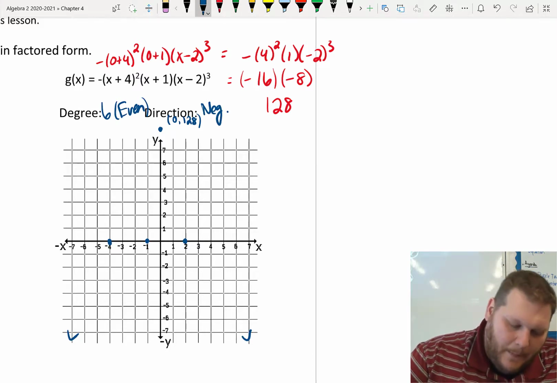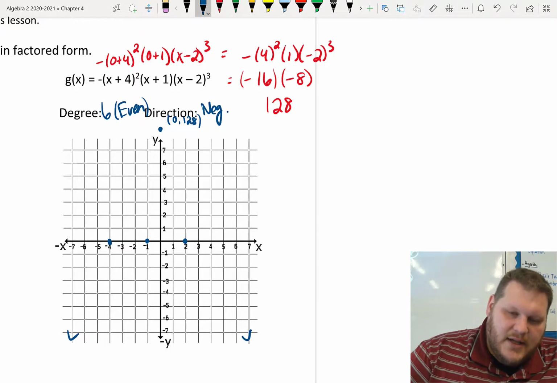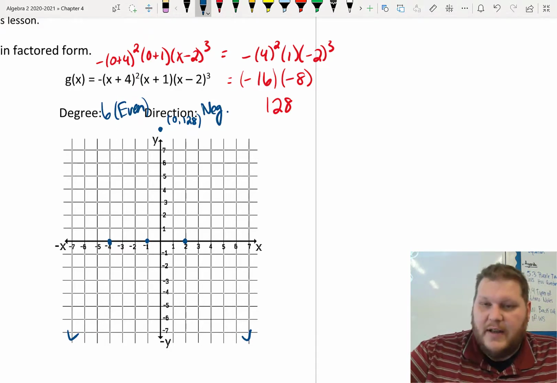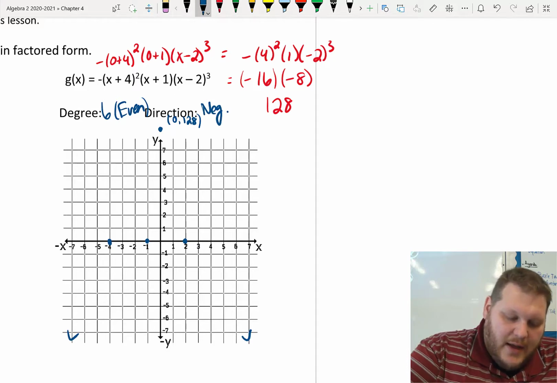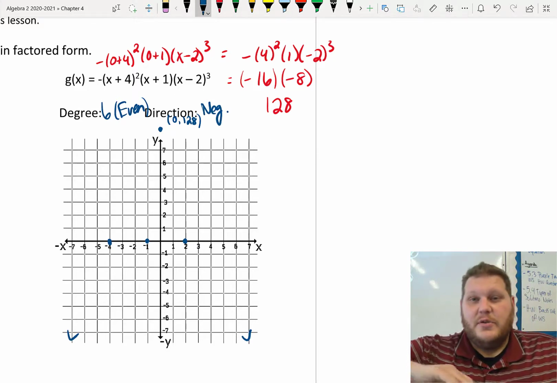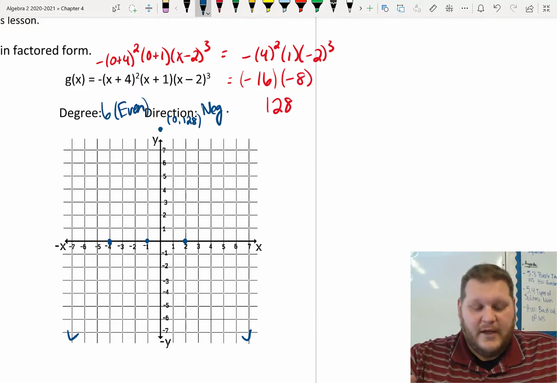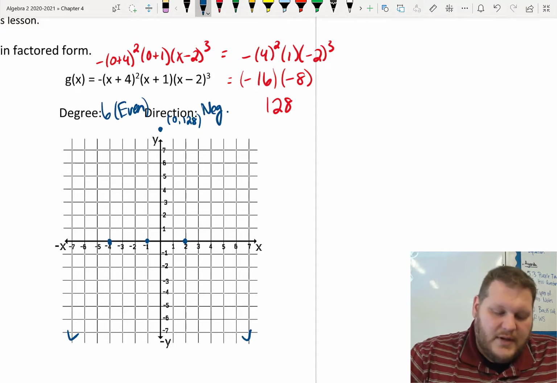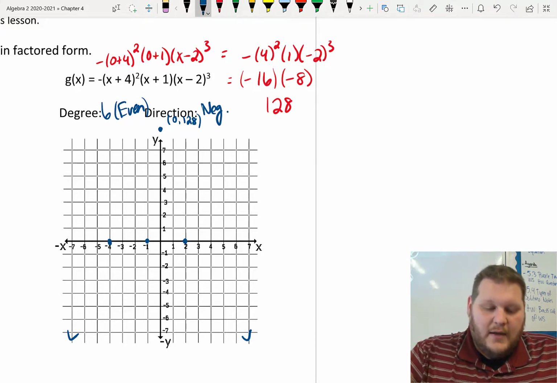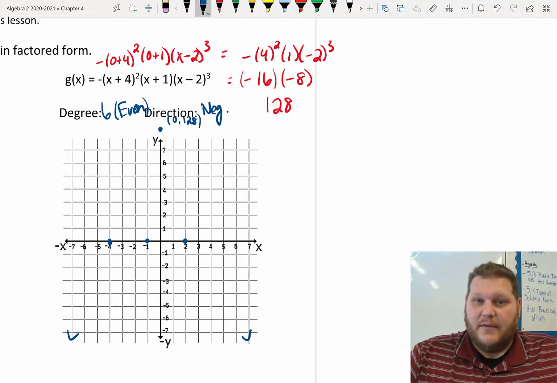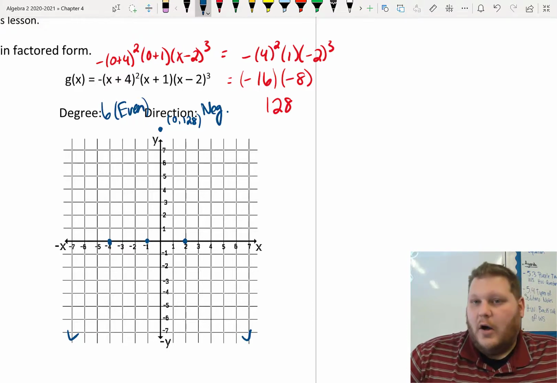So some other things to keep track of, and you can kind of do this at first if you want to, or just keep track of it as you go through. My negative 4 has a multiplicity of 2, so it should be bouncing at negative 4. My x-intercept of negative 1 has a multiplicity of 1, so it should go straight through negative 1. And then my solution of 2 hesitates because it has a multiplicity of 3, so I have to make sure I incorporate all of those things.